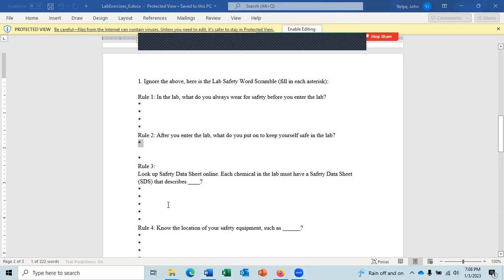All right. For rule 3, you have to look up this information online because the lab manual does not discuss it. Look up what is a safety data sheet online. And then for each chemical in the lab, you must have a safety data sheet, an SDS, that describes what?